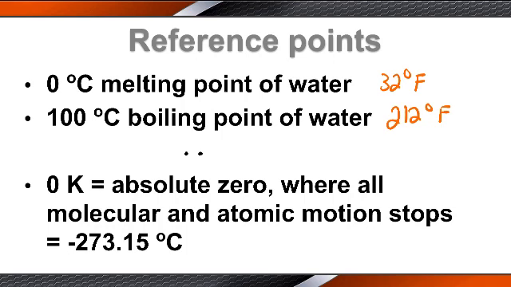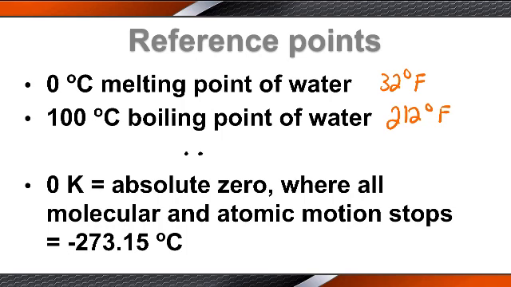It's where there's no molecular motion whatsoever. Now, we're not ever going to get to that point because you're always going to have some amount of energy to it. We can use lasers to slow the particle motion of atoms down, but you're not ever going to be able to get to absolute zero.